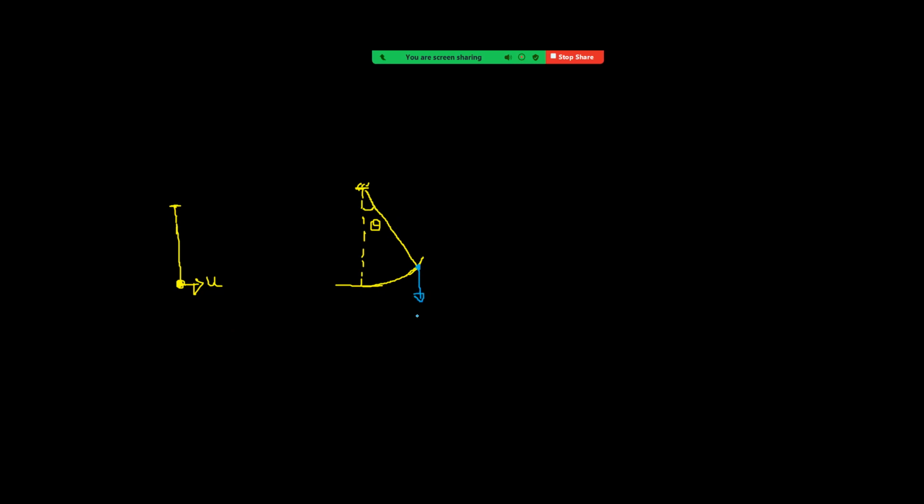In the free body diagram, mg acts vertically downwards, and tension acts along the string. Let us take the speed of the particle at that instant as v. Since the motion is in a circular path, we take components of mg along the string and normal to the string.